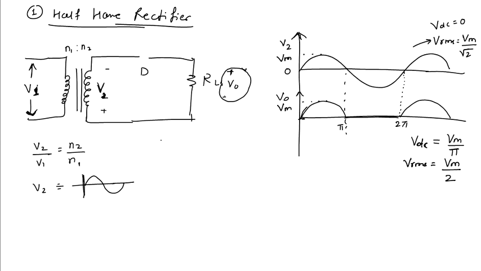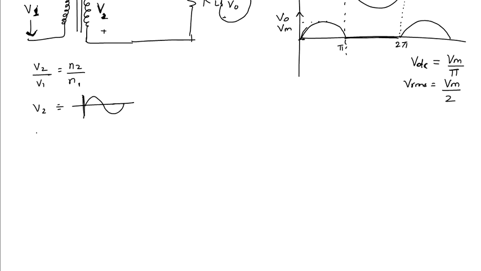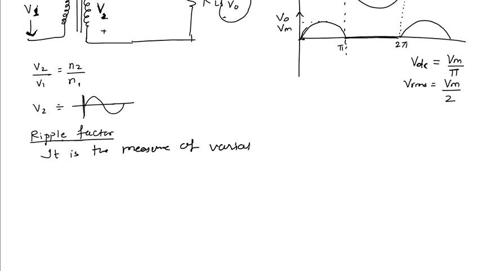Next we will define ripple factor. Ripple factor is the measure of variations of the output signal with respect to its DC value.